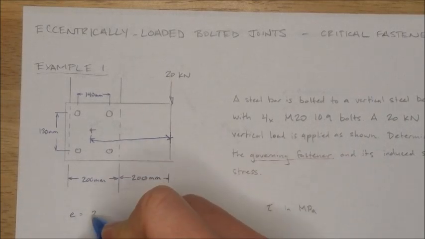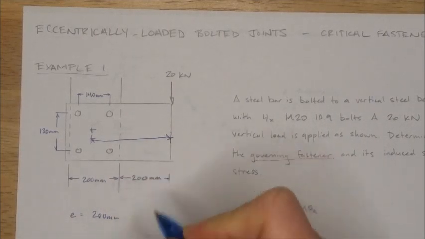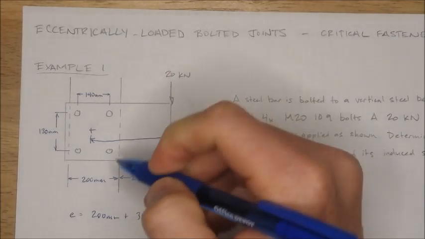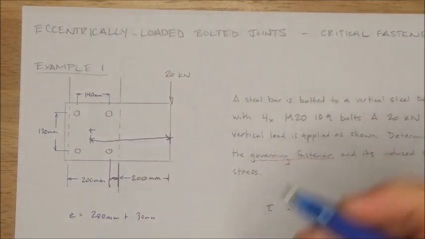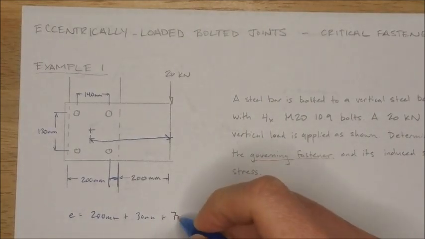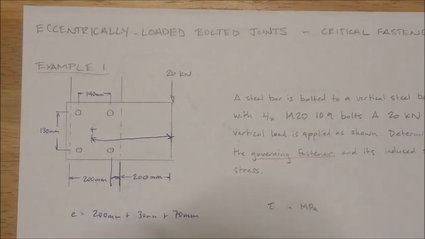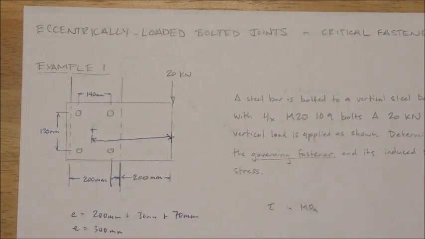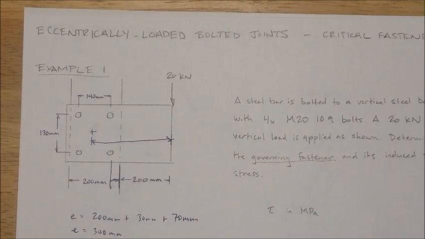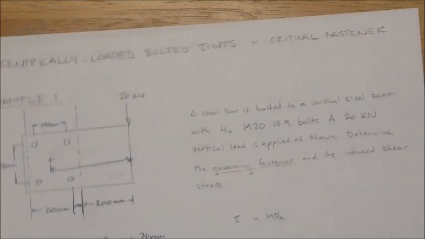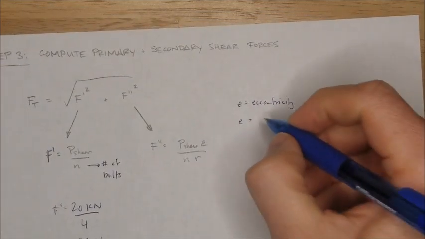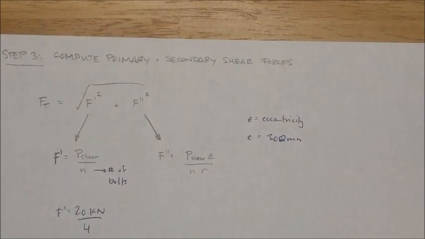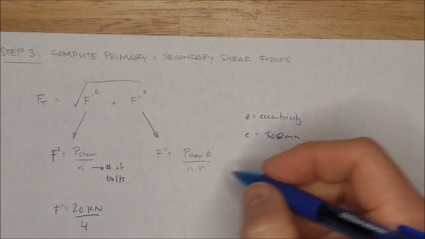E is going to be 200 millimeters there, plus 30 millimeters, which is this distance here, plus 70 millimeters. E is equal to 300 millimeters. So we'll get this out of the way. Keep working. Oops, 300 millimeters. Great. Now, N, we know N is going to be 4.